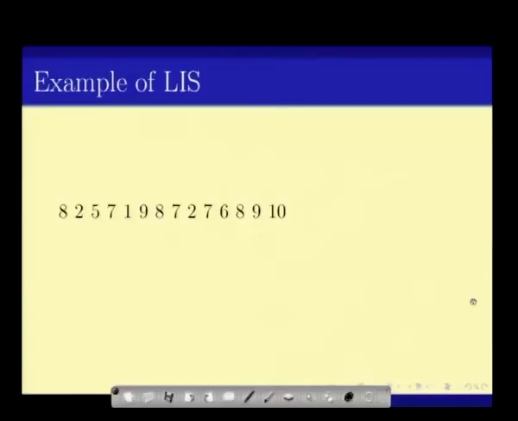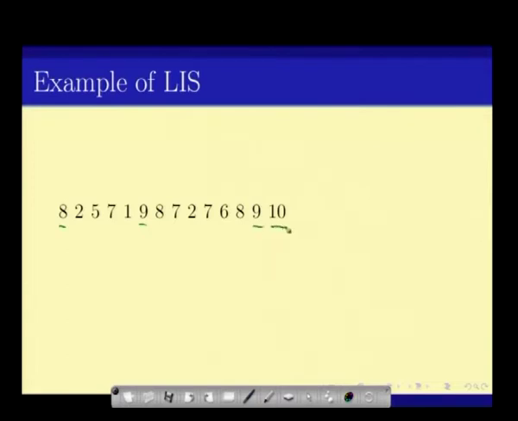So, let us start with an example. Here, say, is a sequence of integers. Now, these integers are not sorted or anything like that. What is the longest increasing subsequence? First of all, what is an increasing subsequence? An increasing subsequence is anything like, say, 8, 9, 9, 10.